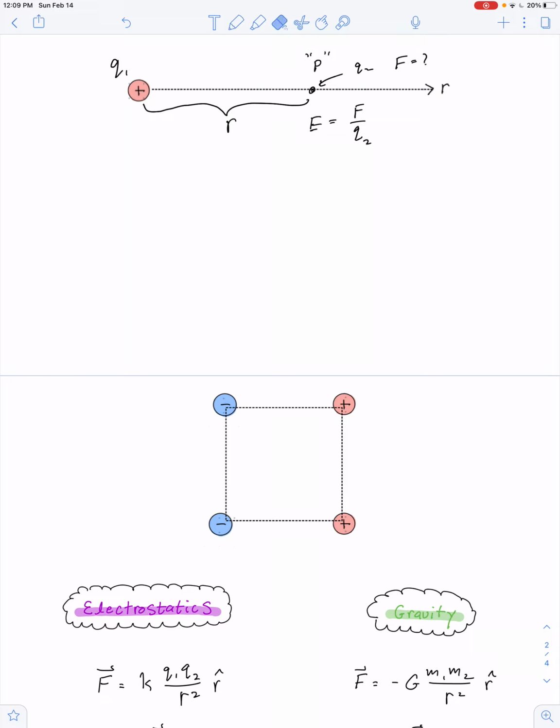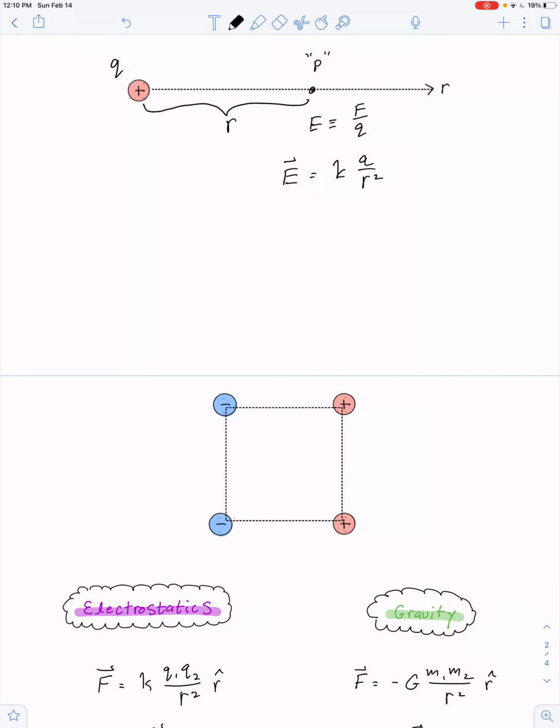Or we can say it like this. We just define electric field as being force per unit charge. And if that's true, the electric field is equal to kQ over r squared.